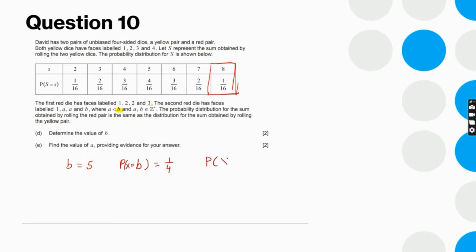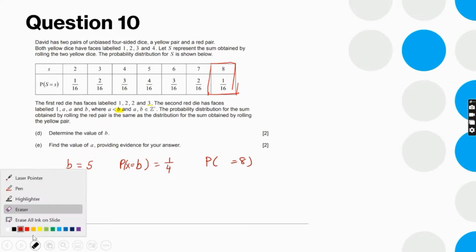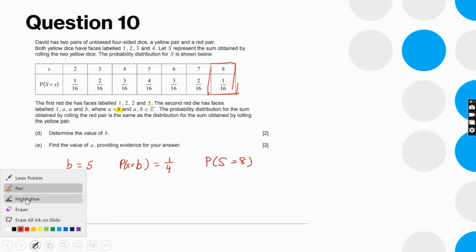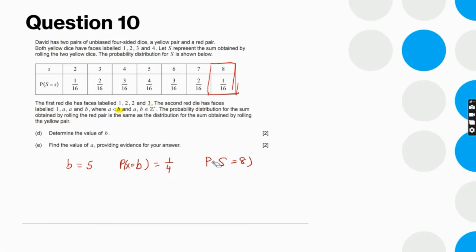And the probability of getting an 8 in the first set, sorry, I should have used the letter S instead. It's 8. So the probability of getting a 3 is actually 1/4 as well, as you can see in this distribution here.